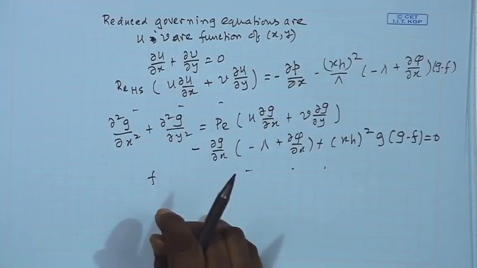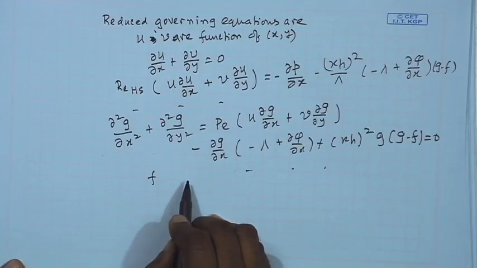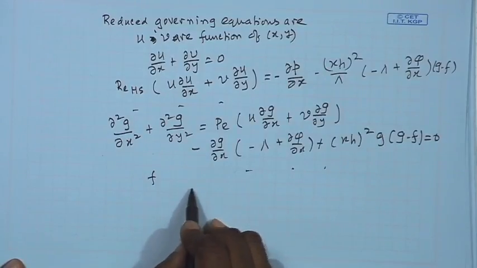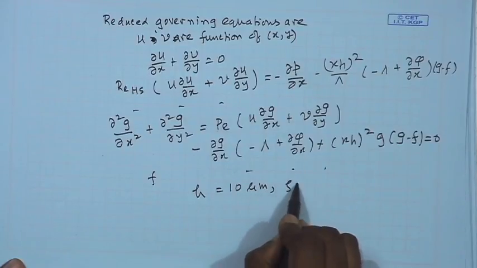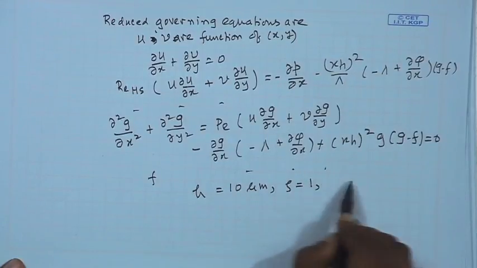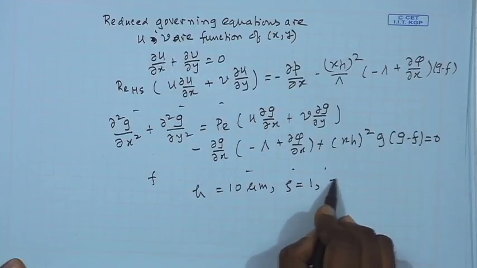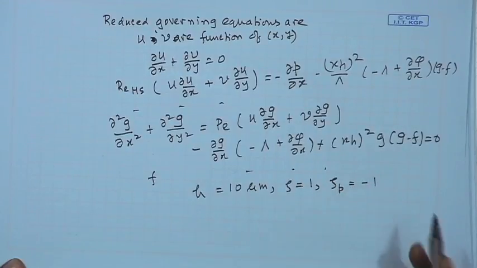So if we consider a channel of height, say, h equal to 10 micrometer, and zeta is 1, and the patch potential as zeta p is minus 1.